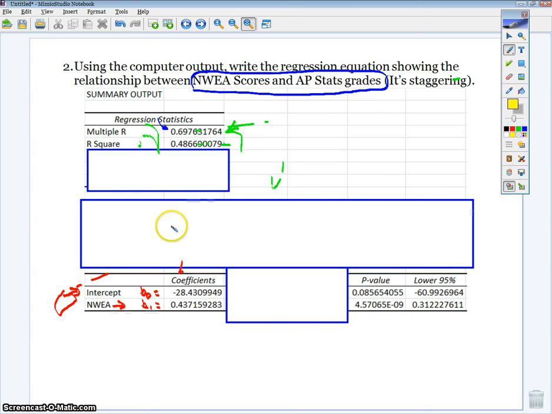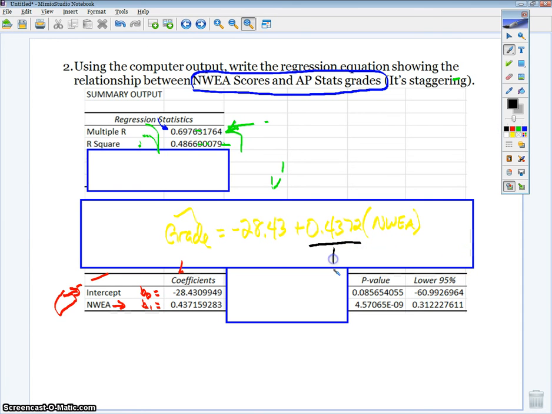I'm just going to go straight for context here. So grade hat, the predicted grade, is equal to negative 28.43 plus 0.4372 times NWEA.